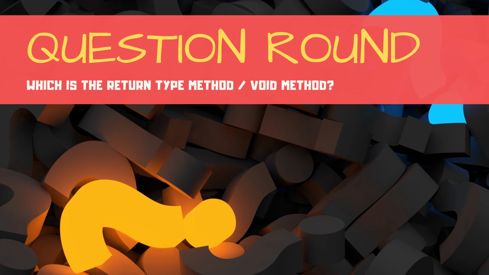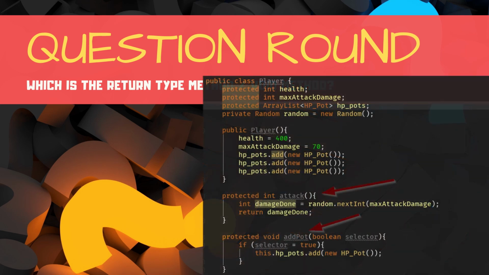Alrighty, we are now coming to the question round, and this time the question round will look a little bit different, because for now I will show you something you didn't learn yet, some code which I used for my program. And my question for this question round is only that you tell me in the comment which of these two methods, which I pointed out with the arrow, is the return value method and which is the void method.